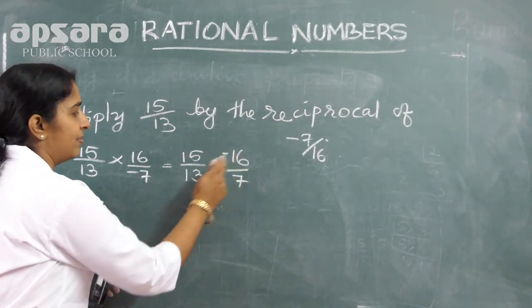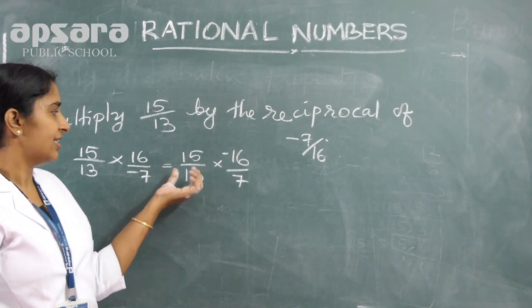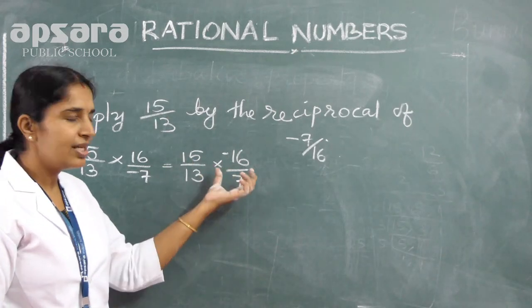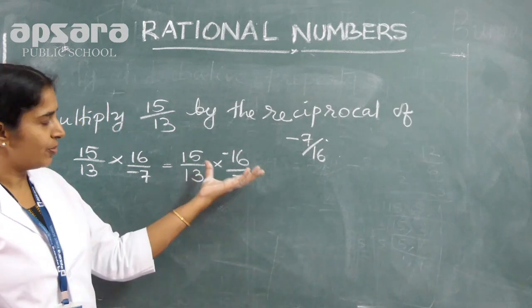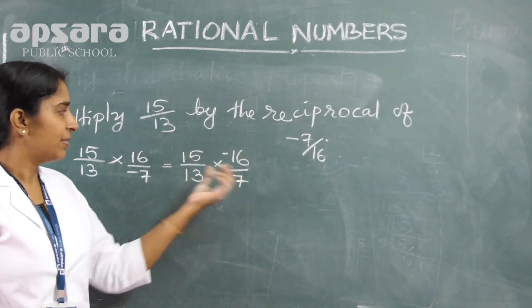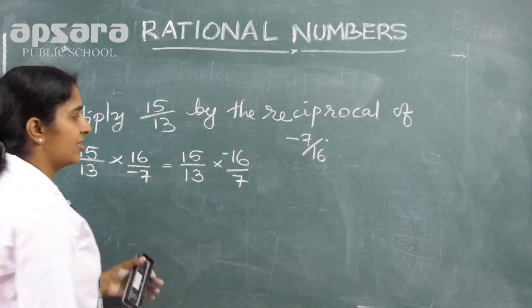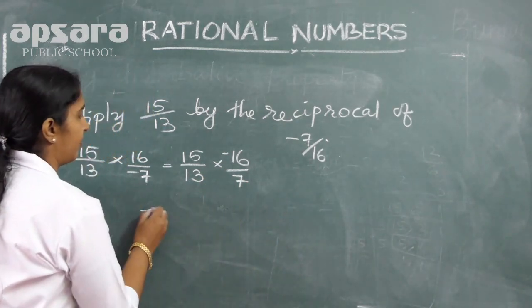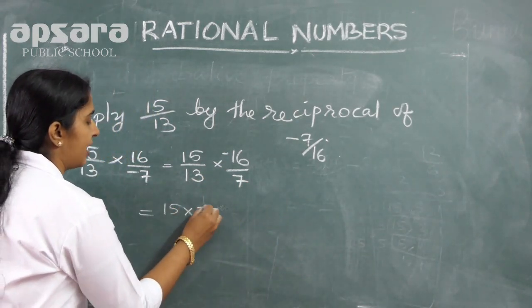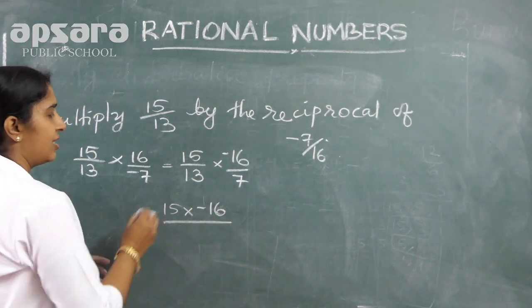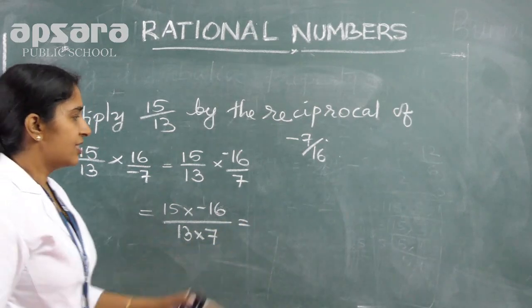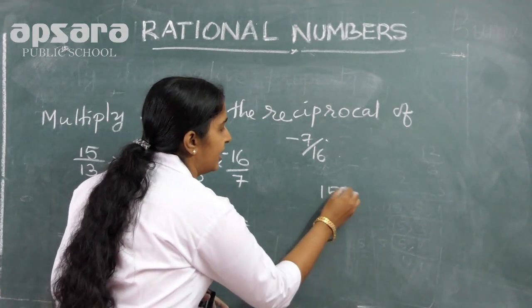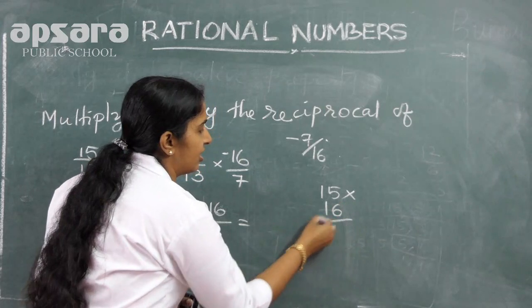So multiply. Here you can see that this is not addition, this is only multiplication. No need of finding the LCM. Directly you multiply the numerators and multiply the denominators. So how will you do it? 15 into minus 16 divided by 13 into 7. Let's go for multiplying. Okay, 15 into 16.